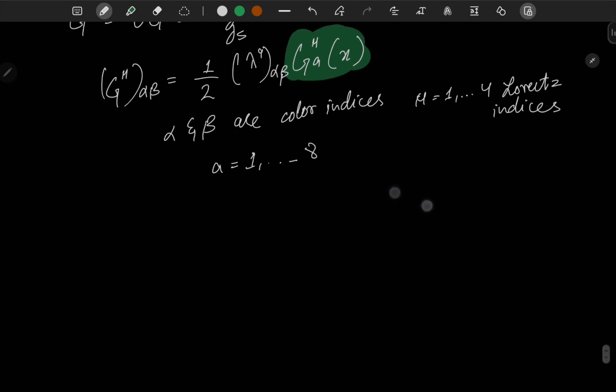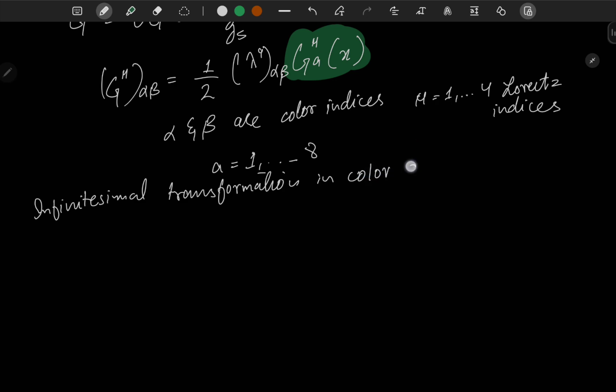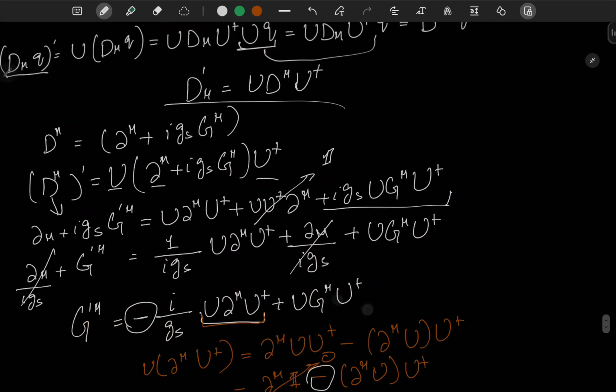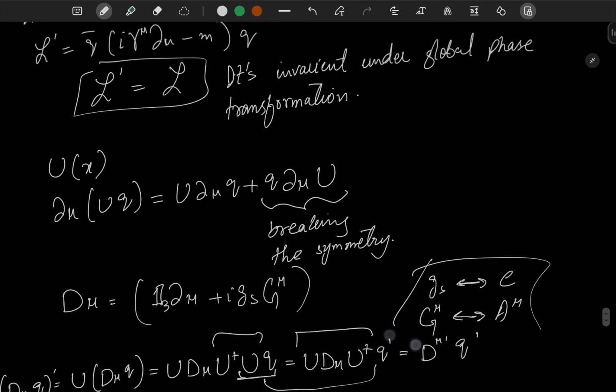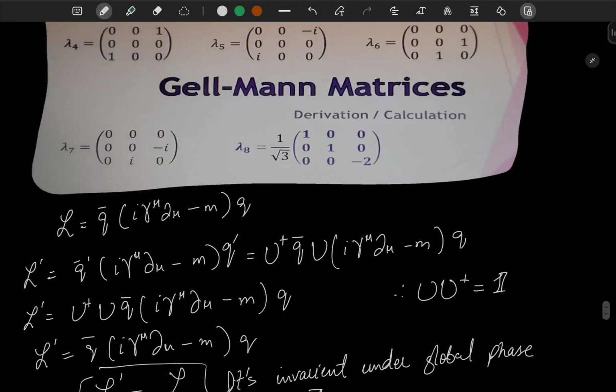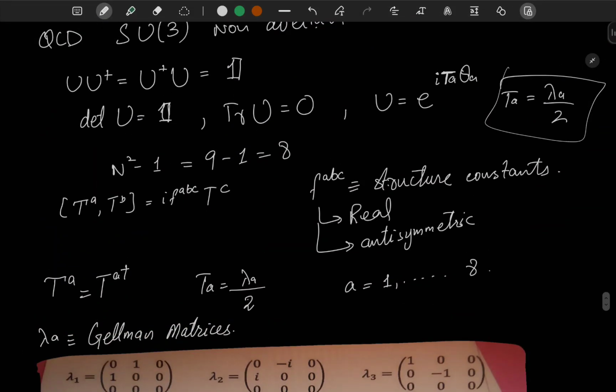Okay, so now we're going to write an infinitesimal transformation in color space. And if we remember, we have already written that we can write U like this.